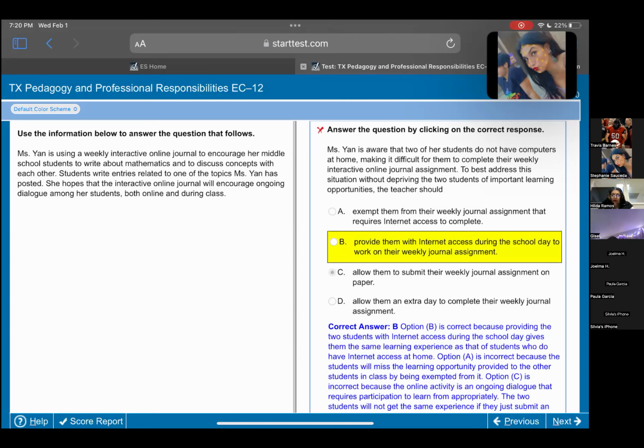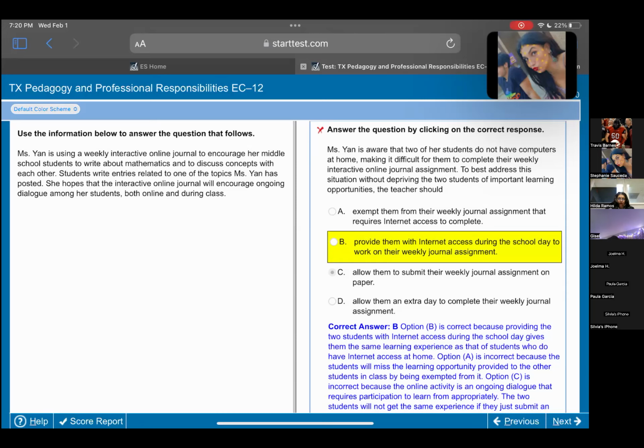And you are not depriving, this is very important here, without depriving the students of important learning opportunities. If you are providing them with access time during the school day to work on their weekly journal, then they're probably not doing something else you had planned for everyone else that was able to do it at home. And so that just leaves them out of the loop during instruction time for something else to make room for this.